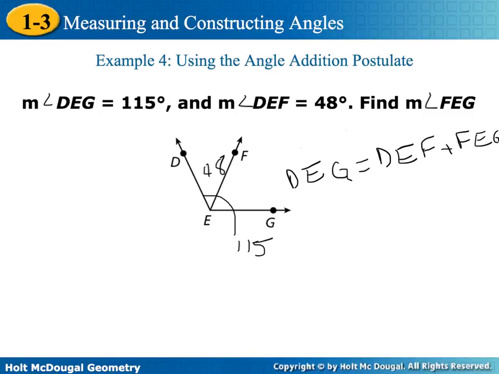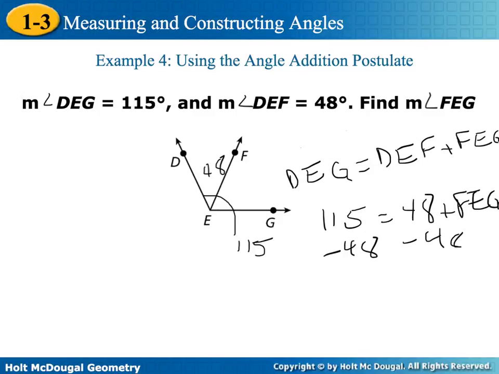So I'm just going to sub in what they've told me, what everything equals. They told me DEG equals 115, and they told me DEF equals 48, and they did not tell me FEG. This is just a one-step operation. To get FEG alone, I'm going to subtract 48 from both sides. When I do that, I find FEG equals 67 degrees.